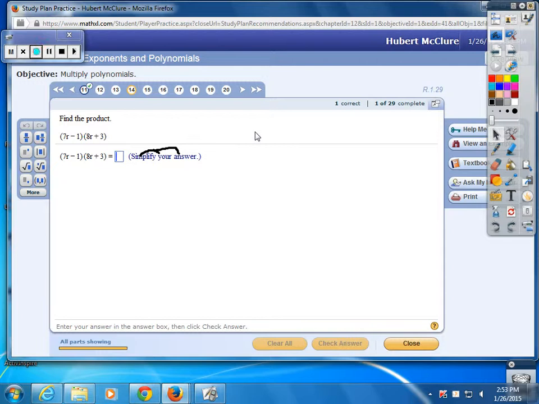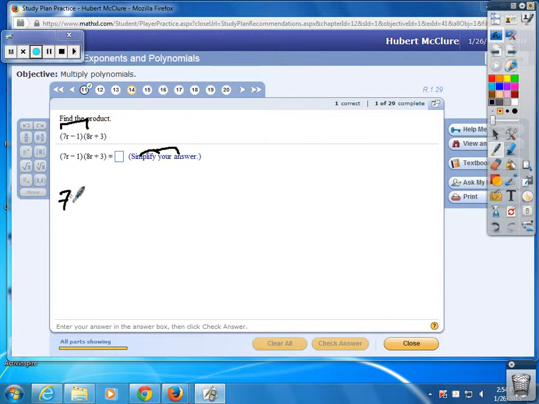What kind of rule do we use for this problem? FOIL. Pronounce it however you'd like. And let's do this one. FOIL method. First, 7r times 8r.